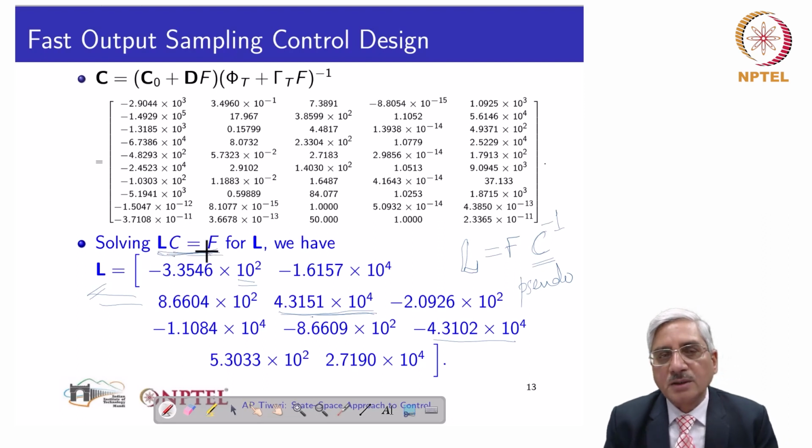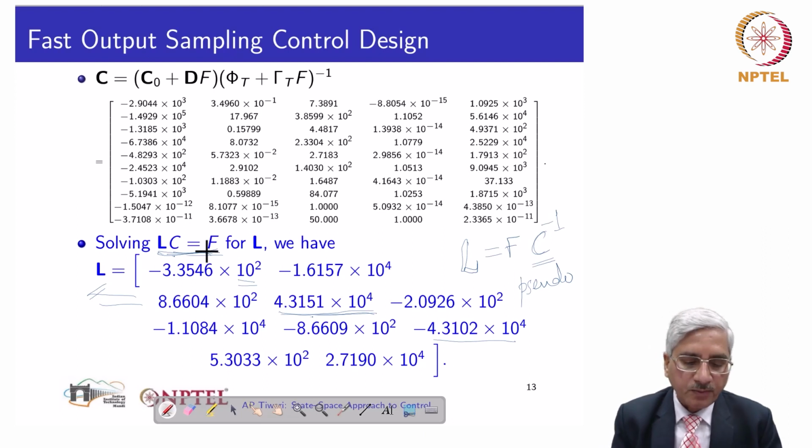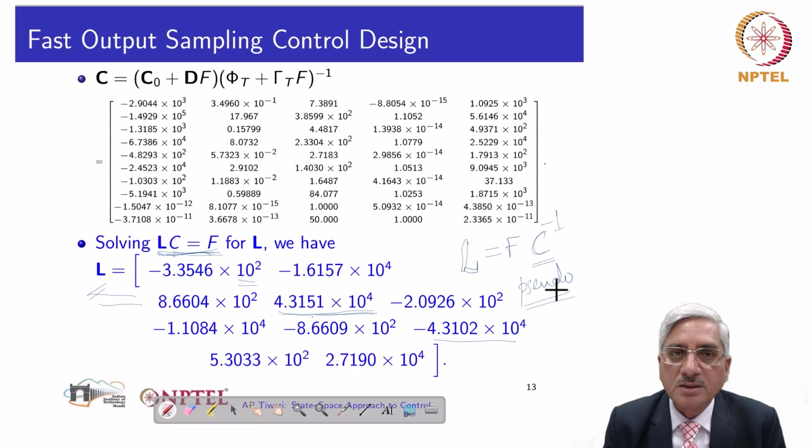And I forgot to mention while taking the lectures on periodic output feedback that the periodic output feedback gain K could also be optimized. There are ways of obtaining optimum solutions for these equations, and one can use that to obtain L. However, this is only an example for demonstration, so we are happy taking a pseudo inverse of this boldface C to obtain L.